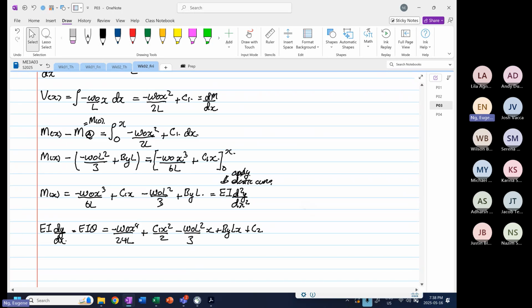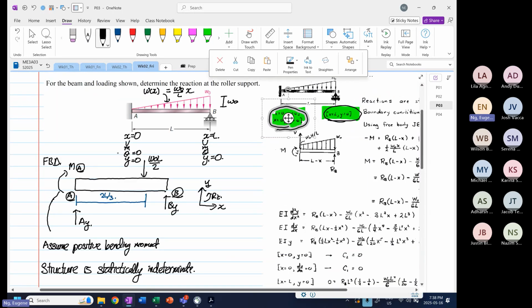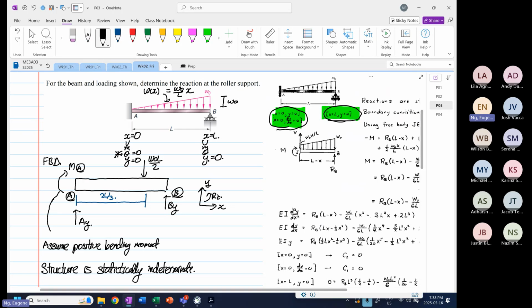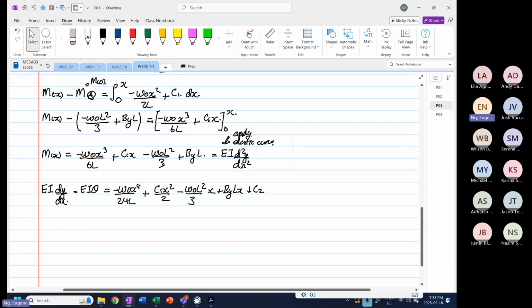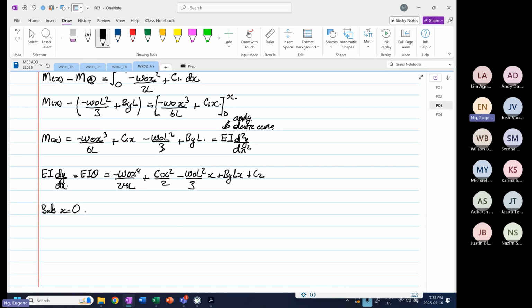Then we are going to use our boundary condition. Okay, we're going to use this boundary condition over here, where x is equal to 0, the slope will also be equal to 0. So from here, we're going to substitute x is equal to 0, theta is equal to 0. And we know, okay, C2 is equal to 0.